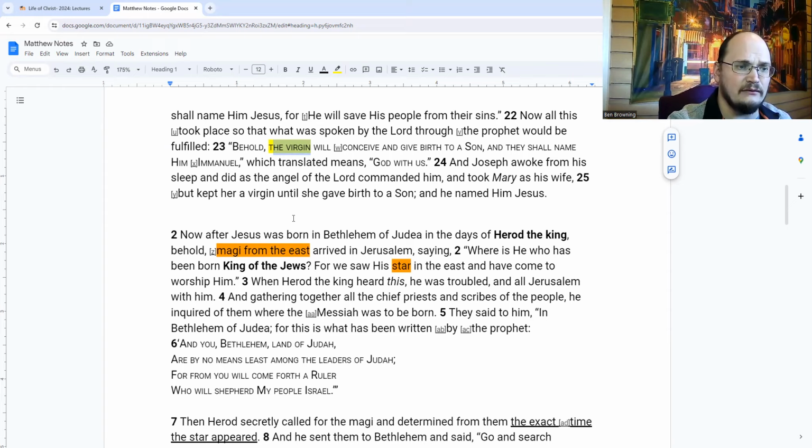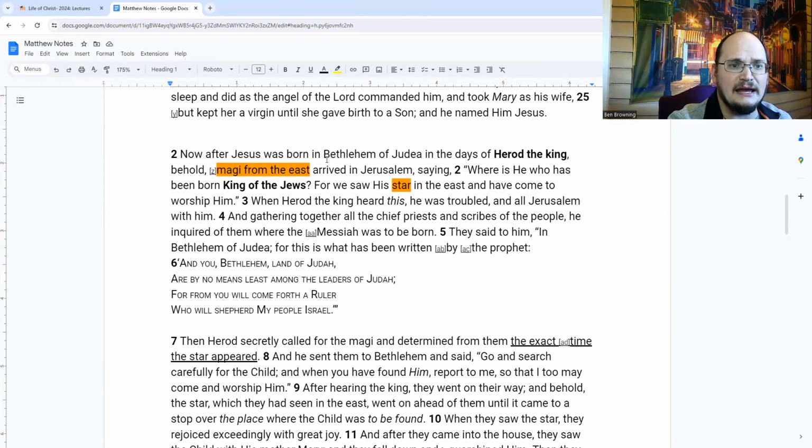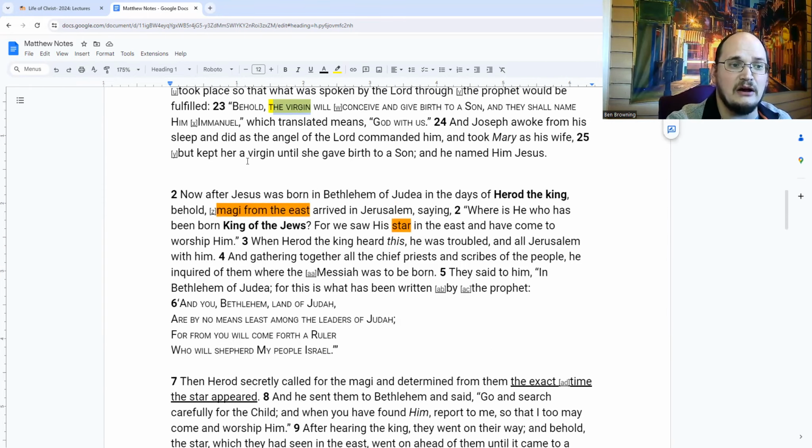So let's move down further and see. She's going to have this child, and notice he's going to keep her a virgin. They are not going to consummate the marriage. Now, we do know later that they will consummate that marriage and they will have children, such as James and Jude, both people who have written books of the New Testament.